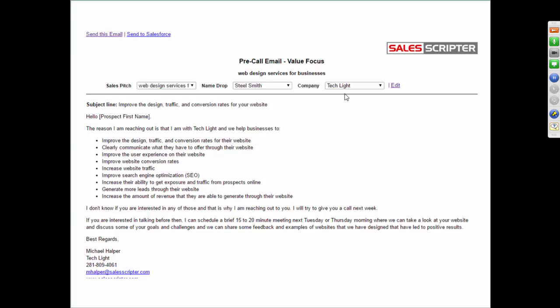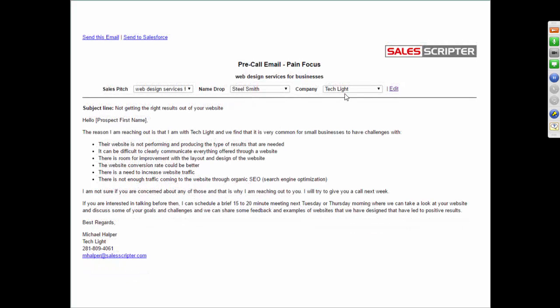This one focuses on the value that this product offers for this fictional campaign. The reason I'm reaching out to you is I'm with TechLight, and we help businesses to, and here's a list of benefits that are offered. I don't know if you're interested in any of those, and that's why I'm reaching out to you. I'll give you a call next week. So not talking about the product, not talking about the company, and not trying to sell the product, communicating in a very consultative way.